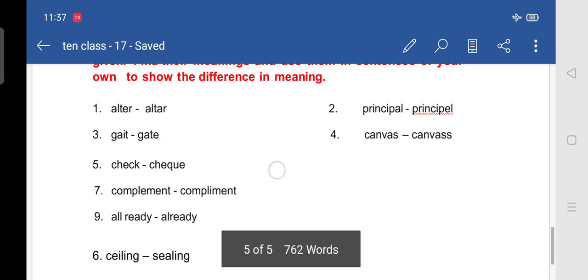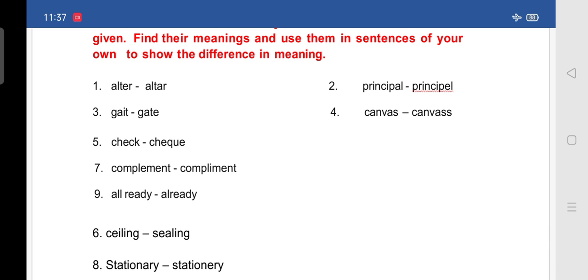So first we will see the words. First one is alter, alter. There is a difference in the spelling, but in the pronunciation, even while listening, you feel the same sound, isn't it?